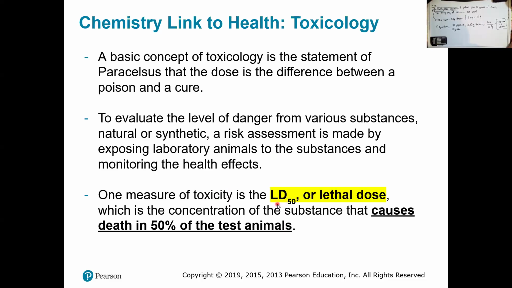This is the value that represents the concentration of the particular substance that you're working with that would cause death in 50% of the test animals, okay? A lot of times pharmaceuticals, when they're deciding whether something is safe or not, they do test on animals. And so to figure out the toxicity level of different things, they use the LD50 value as a gauge of how dangerous something is.